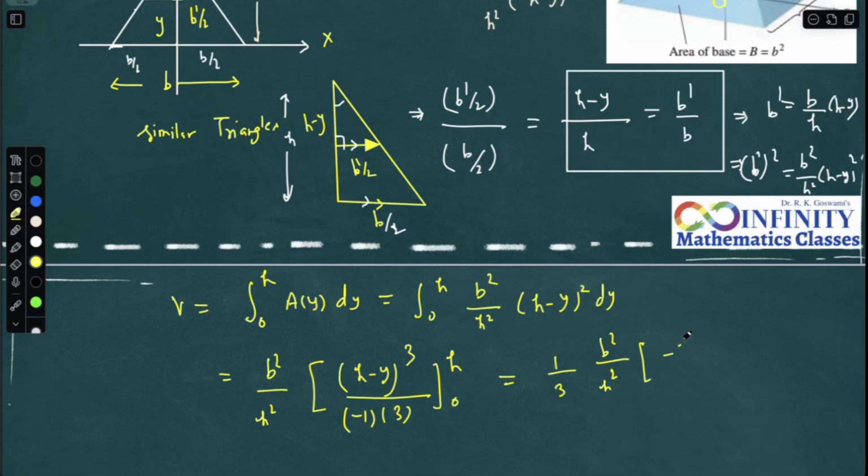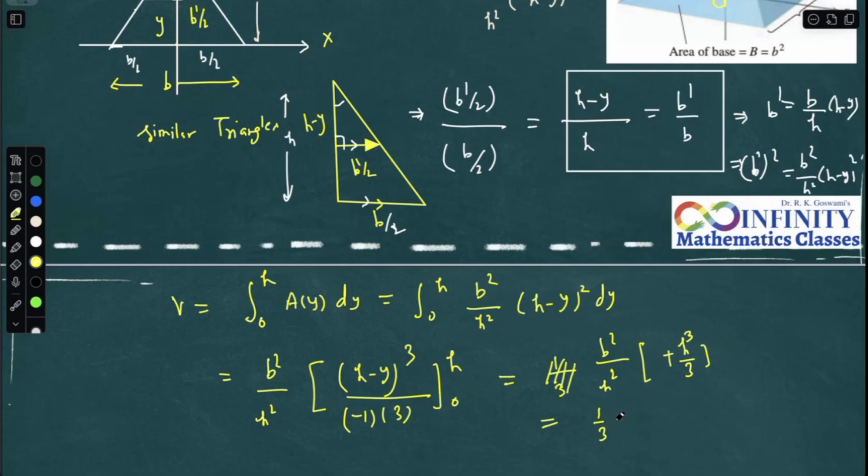Perfectly okay. I have actually written 3 before this square bracket. You are absolutely right, but because of this negative sign, the sign should be positive there.